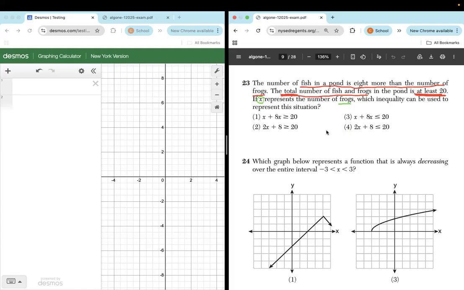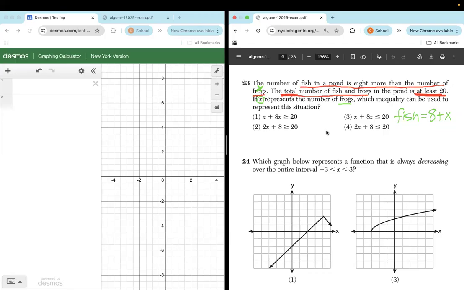So x is the number of frogs. Now let me read that again. The number of fish in a pond is 8 more than x. So fish is 8 more than x, which means 8 plus x, or x plus 8.